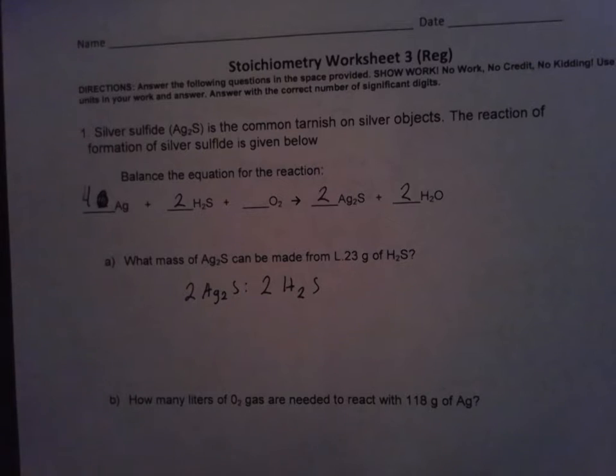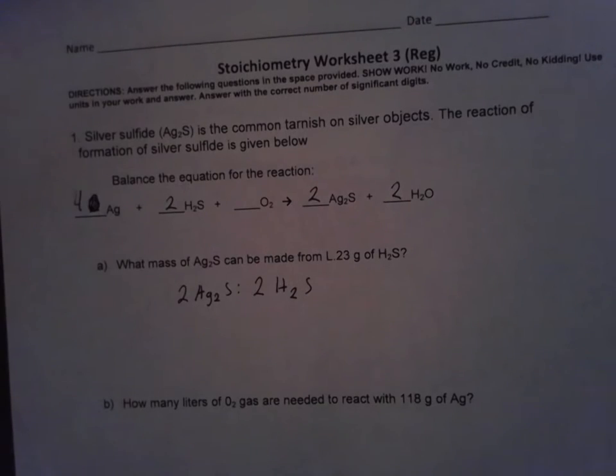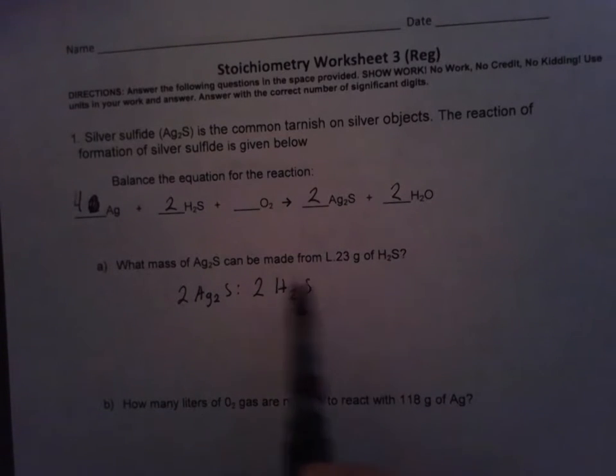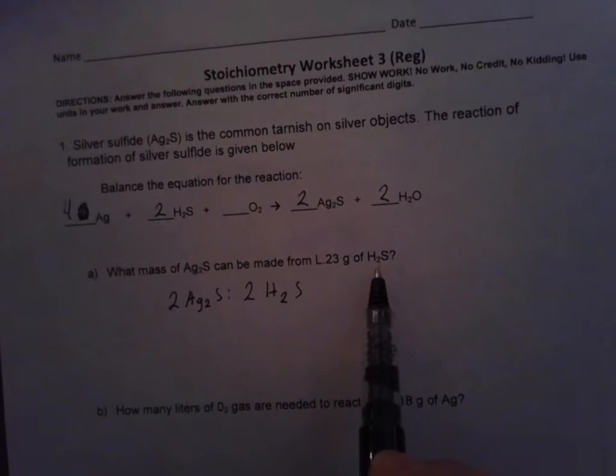So all we have to do is go into our mole map. I'll use this one. It's prettier than mine anyway. Alright, so what I have to do is go from grams of H2S to its moles.